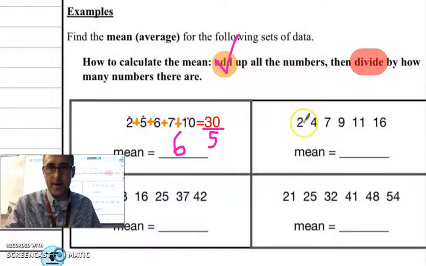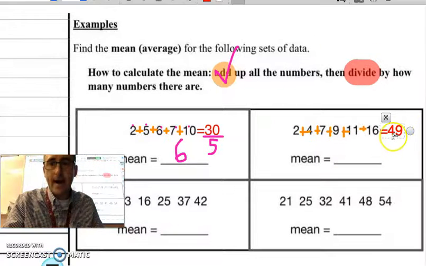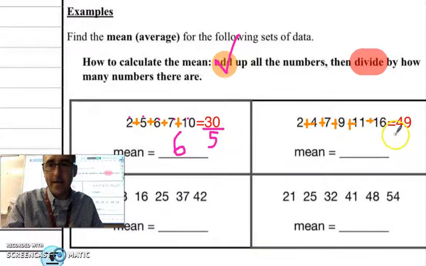We're going to add 2 plus 4 plus 7 plus 9 plus 11 plus 16. What do we get? Pause the video while you use your calculator. I got 49. Now we're going to divide that number by how many numbers there are. There's 1, 2, 3, 4, 5, 6.